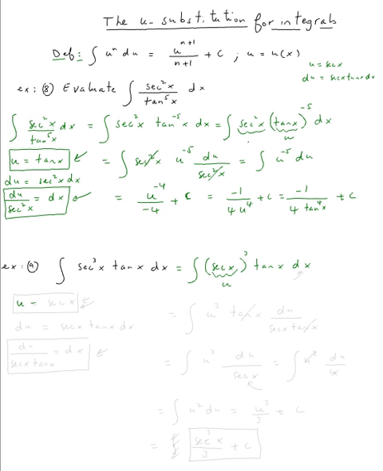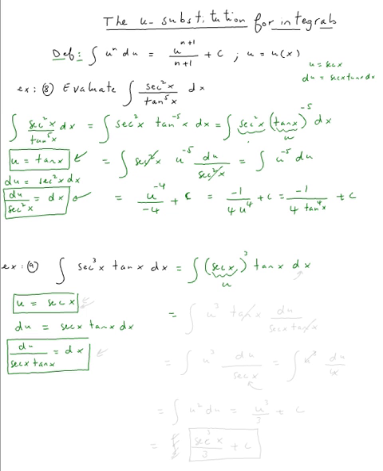So if we let u equal secant x, now du, the derivative of u with respect to x, is what? The derivative of secant is secant tangent, and don't forget the dx. And then my dx is going to be equal to du over secant tangent.